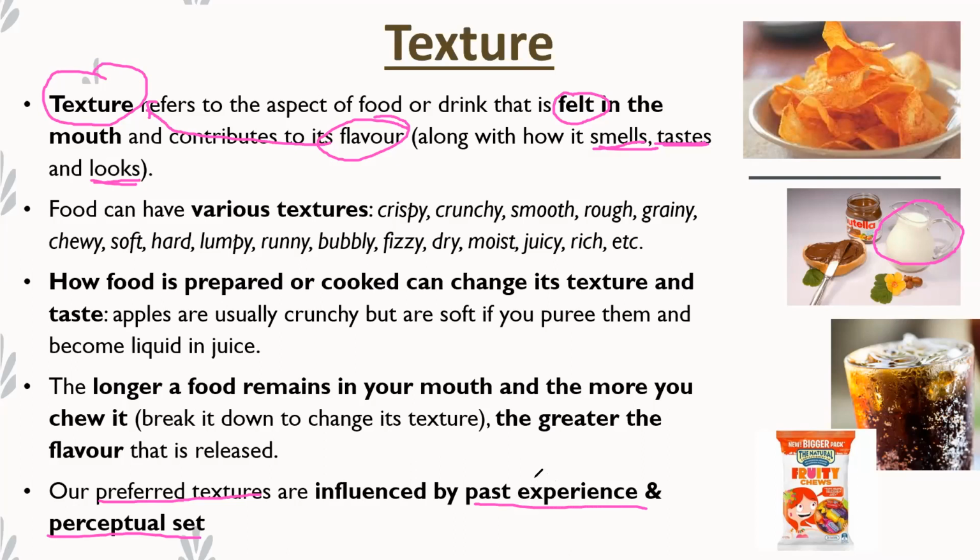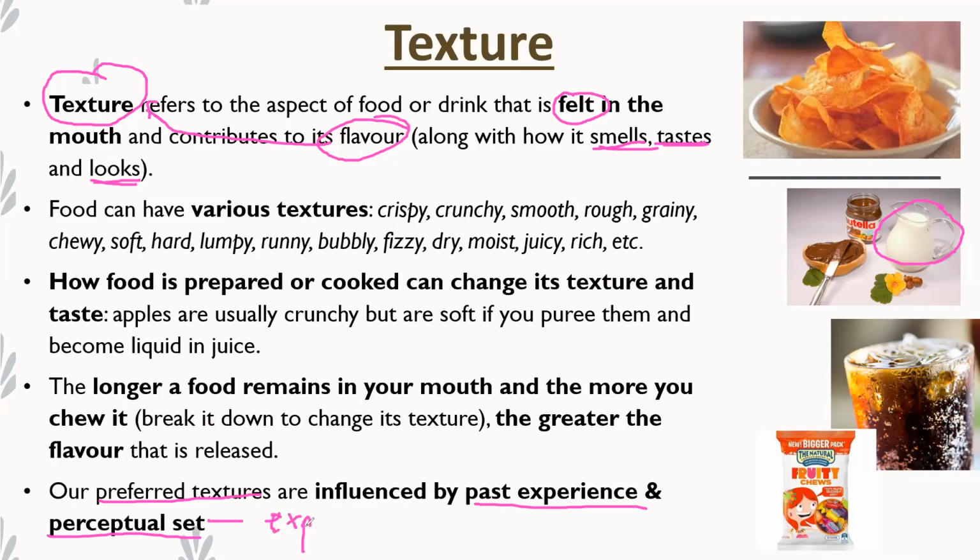Because popcorn is not as crunchy as a packet of potato chips. If you're someone who really loves smoothies, you might really like liquid-based foods or lumpy foods, okay? If you're someone who's grown up on soft drink, you might really enjoy having fizzy drinks all the time. So it really depends on your past experience and your perceptual set, which is your expectations as well.